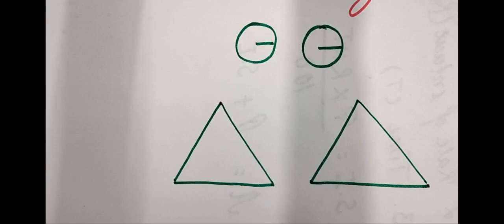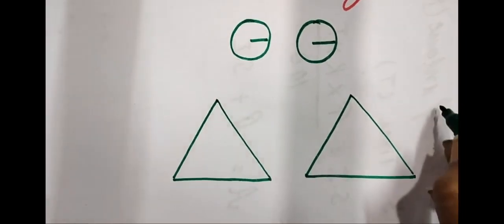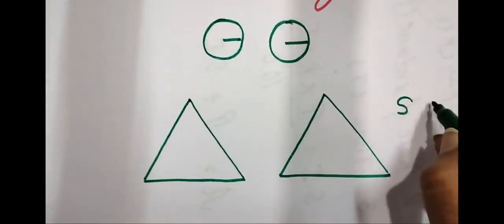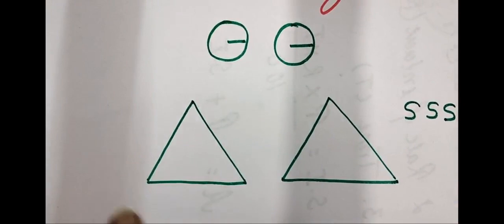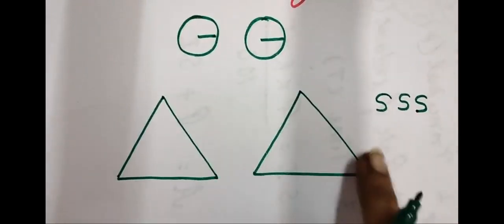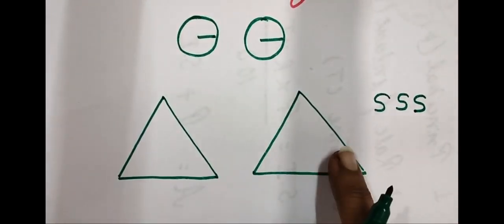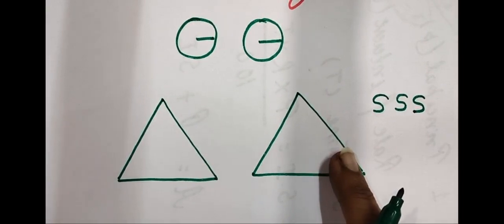If the measures of three corresponding sides are equal, like this, S, S, S, that means three sides of this triangle are equal to the corresponding sides of this triangle, then we can say that the triangles are congruent.